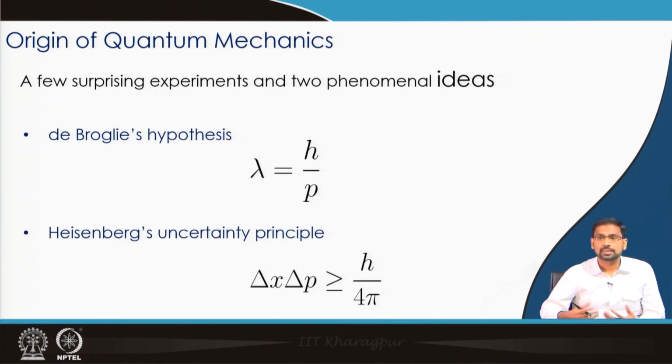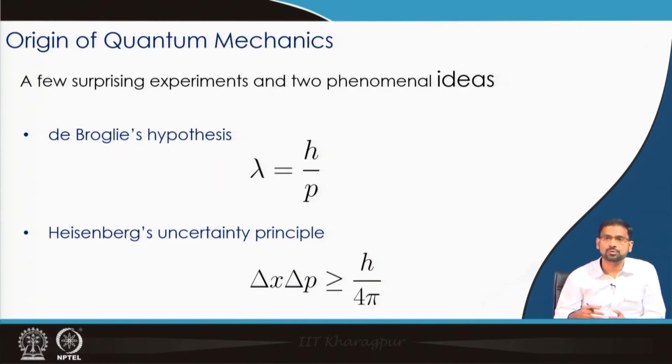Now the second groundbreaking idea was Heisenberg's uncertainty principle, where Heisenberg suggested that you cannot simultaneously and precisely measure two quantities, for example position and momentum.